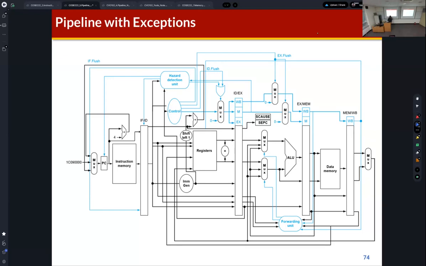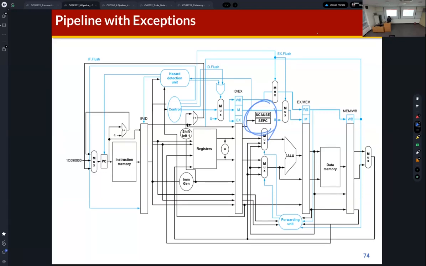But actually, in order to support exception handling, it's rather complex. In this video, we just show the exception that is detected in the EX stage. As you can see, you can find the cause and EPC registers in the EX stage.